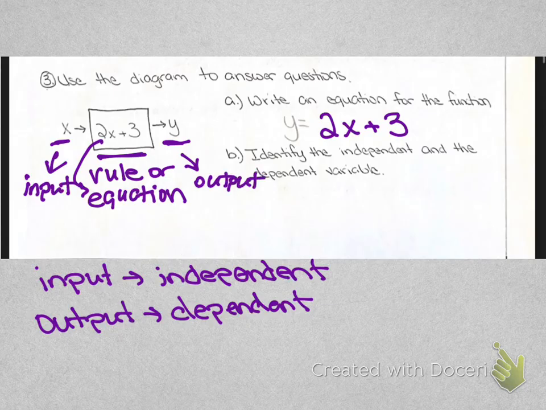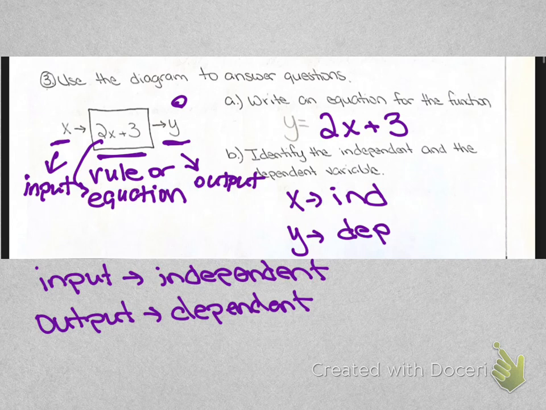So X, since it's your input, is your independent. Y is your output, so it is your dependent. So your input is always your independent. Your output is always your dependent. To write your equation, you just put your output variable, which is y, equals your equation that's inside of your box.